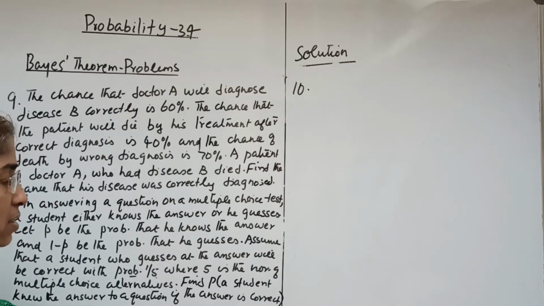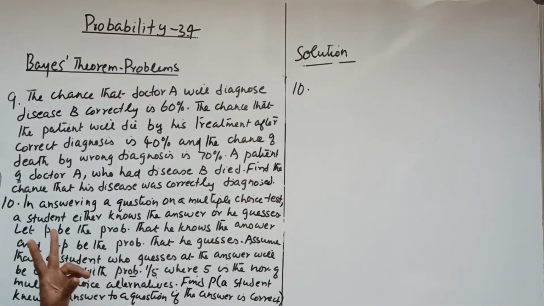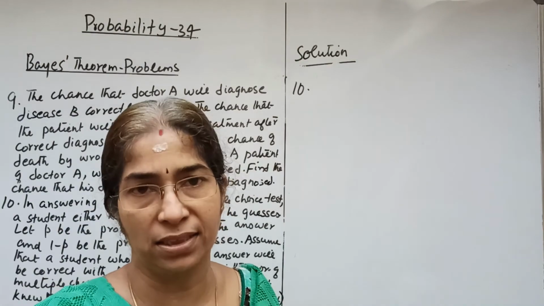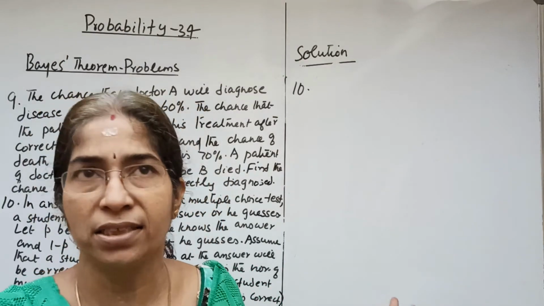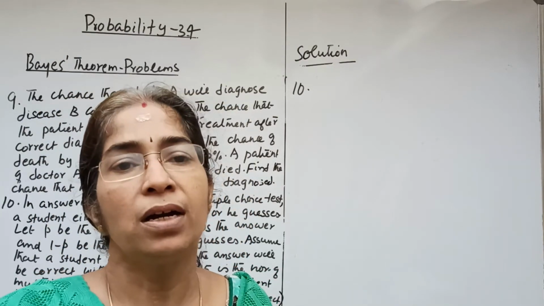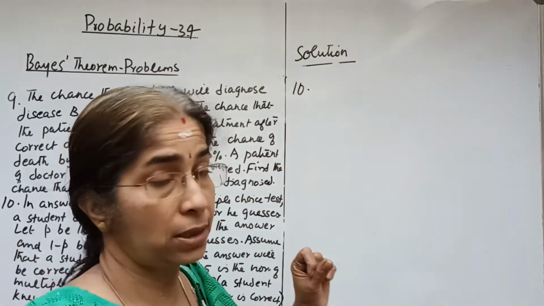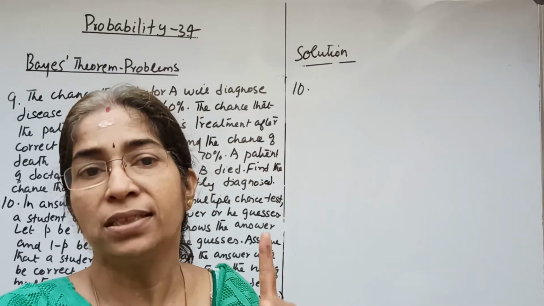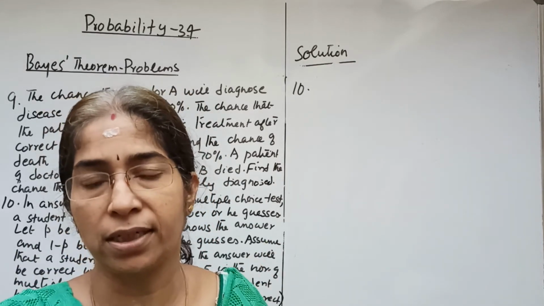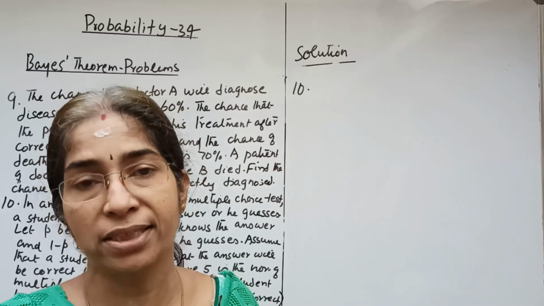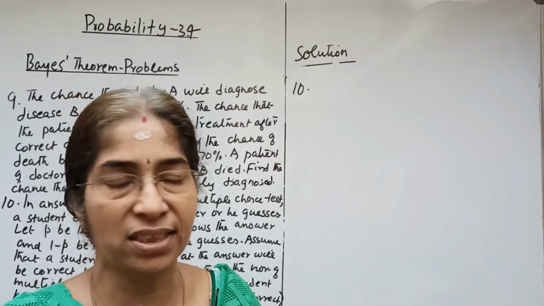There are two options, either the student knows the answer or he guesses, and these two alternatives are mutually exclusive and exhaustive.